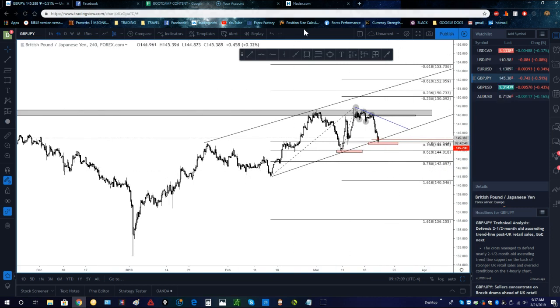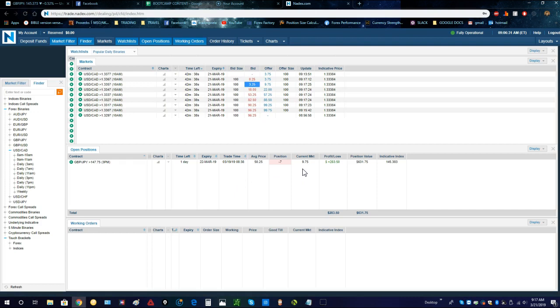Obviously, if we really start rallying up here and eating too much into the profit, the contracts are essentially dead. I mean, they're sitting at $9.75 right now. I'm not necessarily going to just let that go all the way.